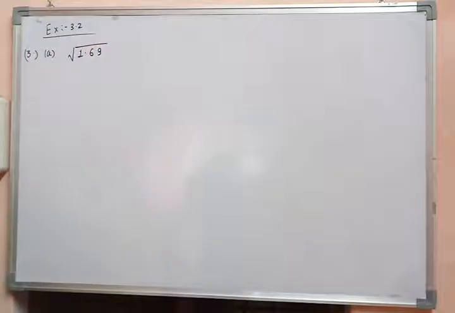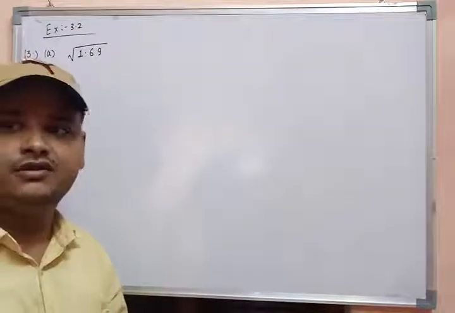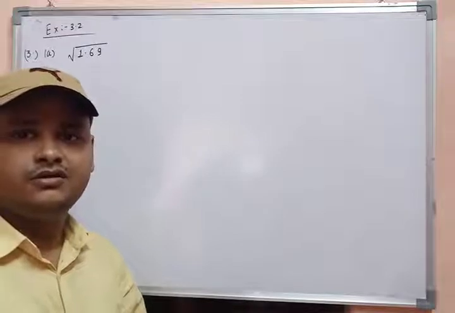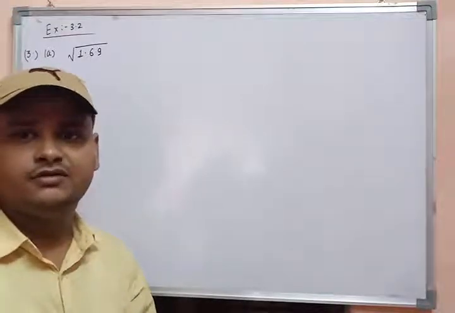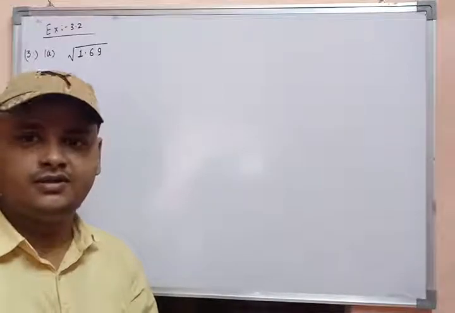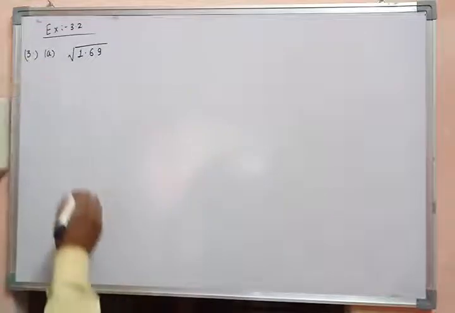Students, if you want to find the square root of this decimal number, first of all you have to remove the decimal. Then after that you have to convert into prime factors. After that you will find the square root of this decimal number, just like this.